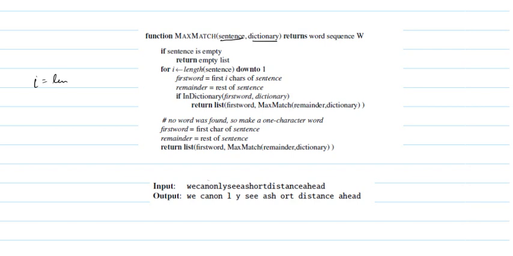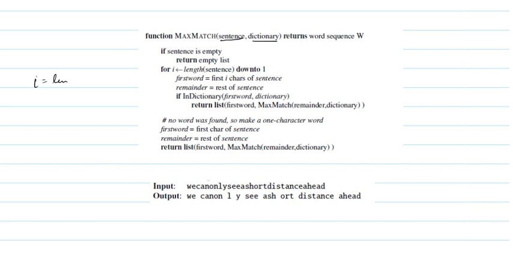So this algorithm is again going back recursively, and now the remainder part of the sentence, the string, has been passed to the same algorithm along with the dictionary. Now the remainder part, you see here what I is taking here is the length of the sentence down to 1.